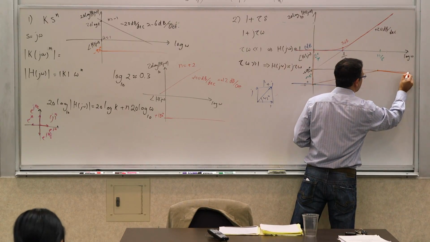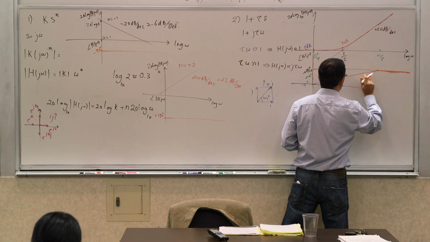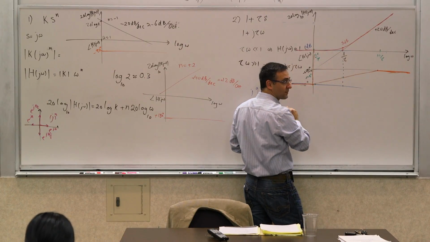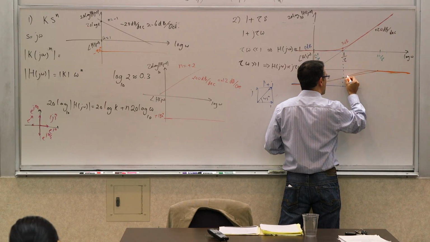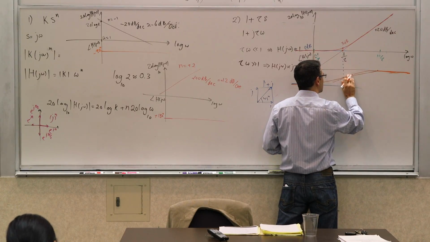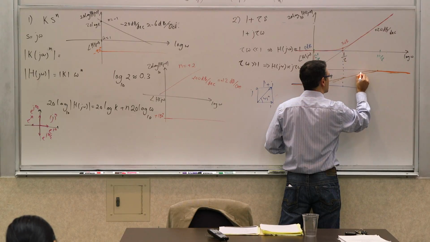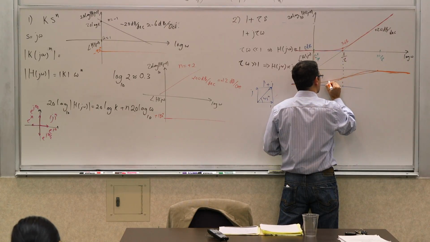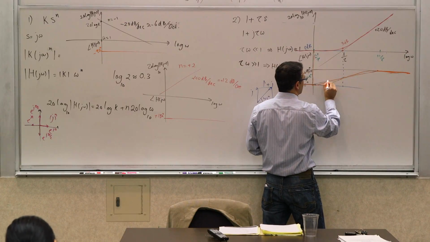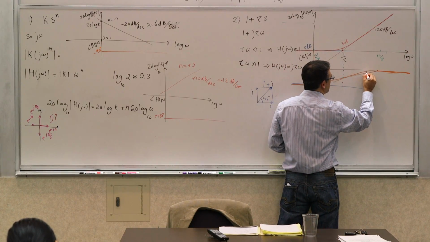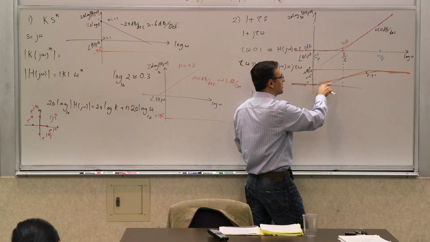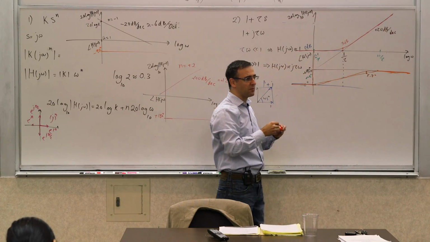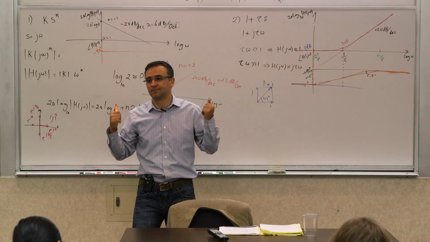And again, this is not exact. There's a deviation from this. So the actual phase looks more like this. And this maximum deviation, I think, is 5.7 degrees. So if you use this linear approximation, your maximum error would be 5.7 degrees.